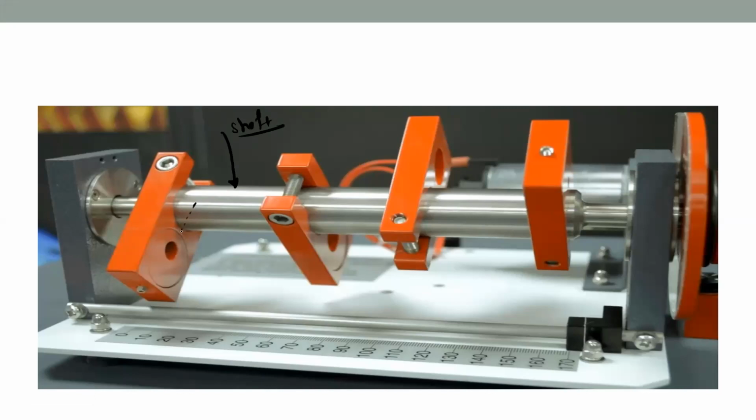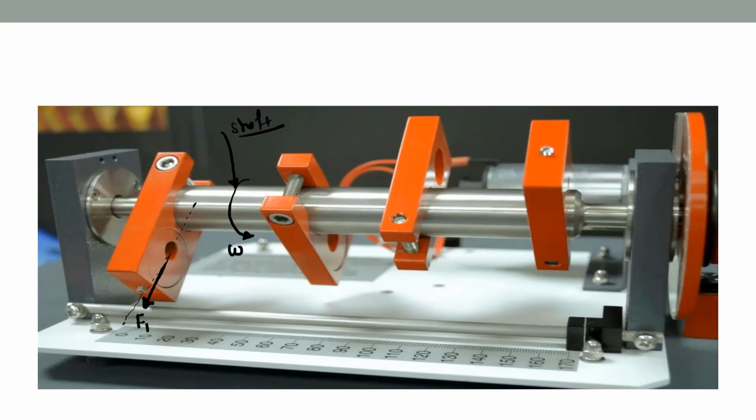So this is the first mass in this direction. Suppose the shaft is rotating with some angular velocity, omega. This mass will create the centrifugal force, or unbalanced force, in this direction. So this is F1.